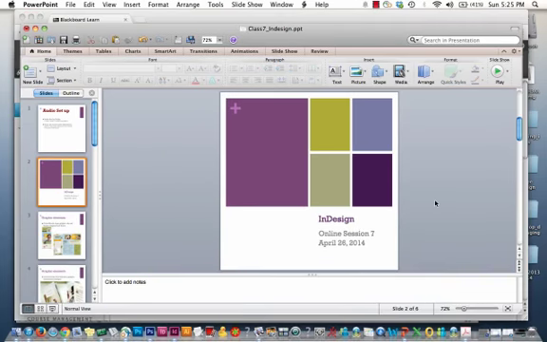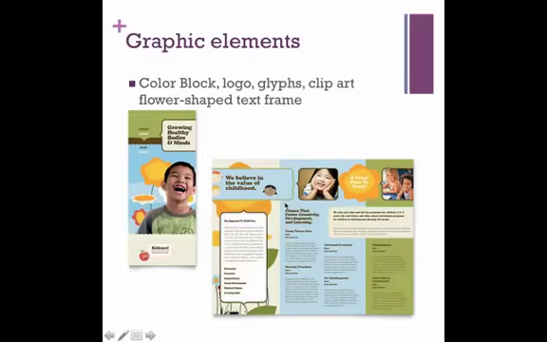So on the agenda for today was showing you guys how to package all your files and everything, but before I do that, I wanted to make sure I covered one more thing, and that was the graphic elements portion. I think it sounded a little bit more complicated than it actually is. It's basically just color block, logo, glyphs, clip art, flower shape, text frame.